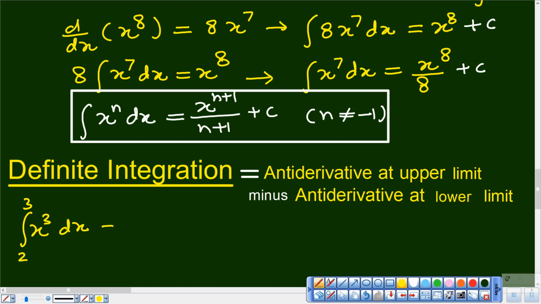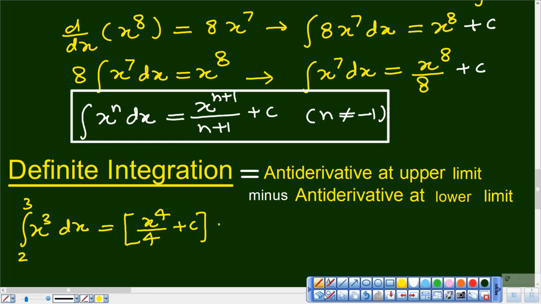So this will be written as box x raised power 4 upon 4. Can you see that n plus 1 upon n plus 1 rule? That is, integral x raised power n dx is x raised power n plus 1 upon n plus 1. 3 plus 1 is 4, plus integration constant.